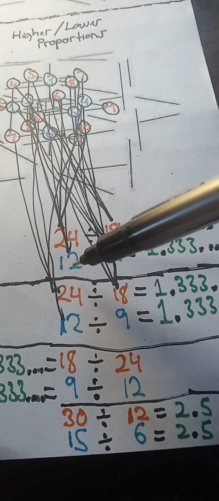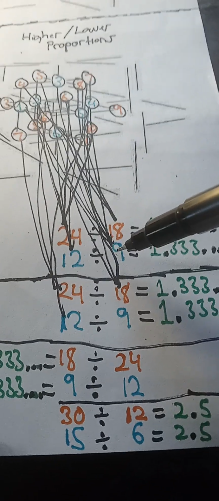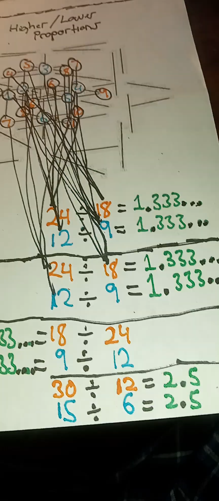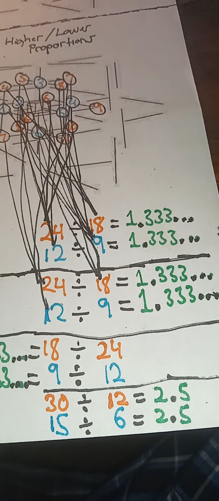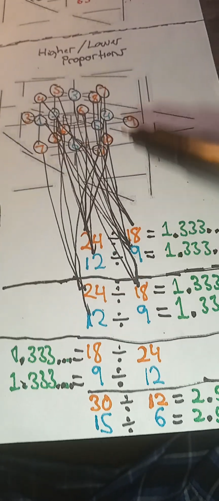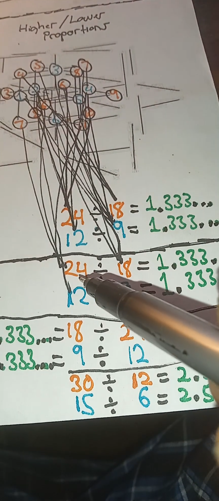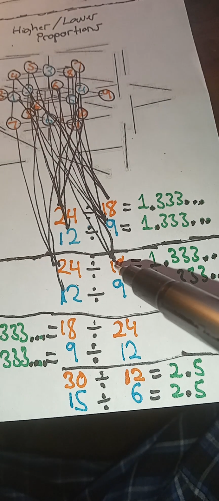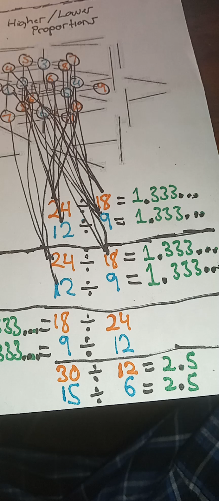Same thing with the primary numbers. These are secondary numbers, orange, primary numbers, blue, 1.333. And then at this angle, I believe, it's the same thing: 18 goes into 24, 9 goes into 12.